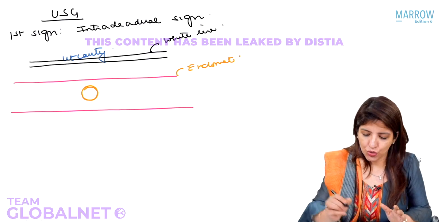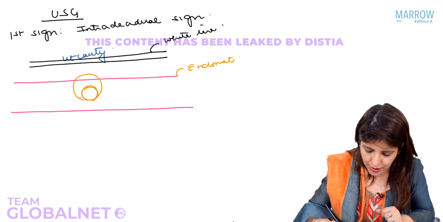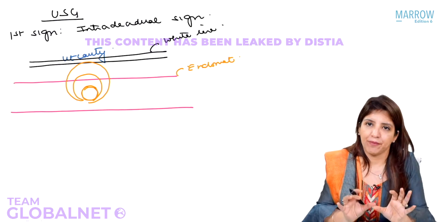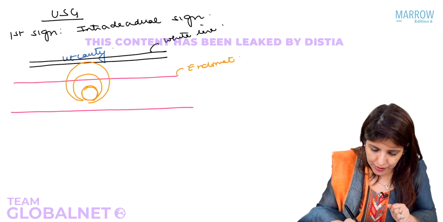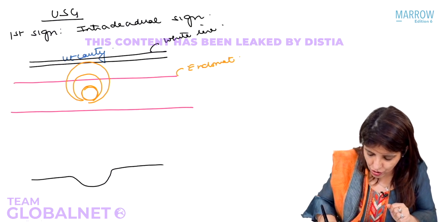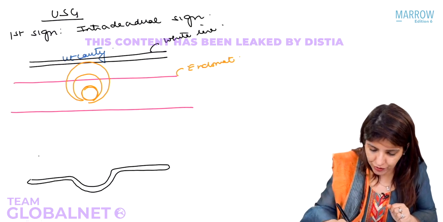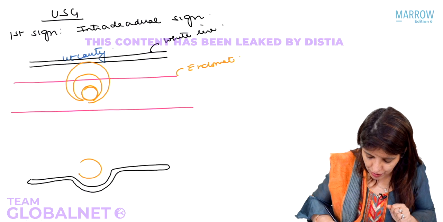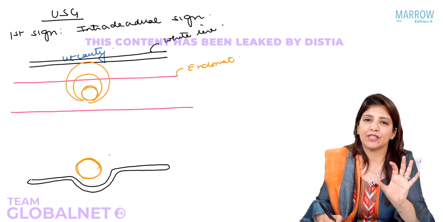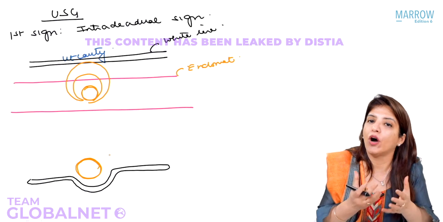Now, as the blastocyst grows, it indents on this white line. If you draw this image, you can see it something like this. If this is the uterine cavity and this is the blastocyst, as the blastocyst grows inside the uterine cavity, it will create a bulge in the uterine cavity on ultrasound.